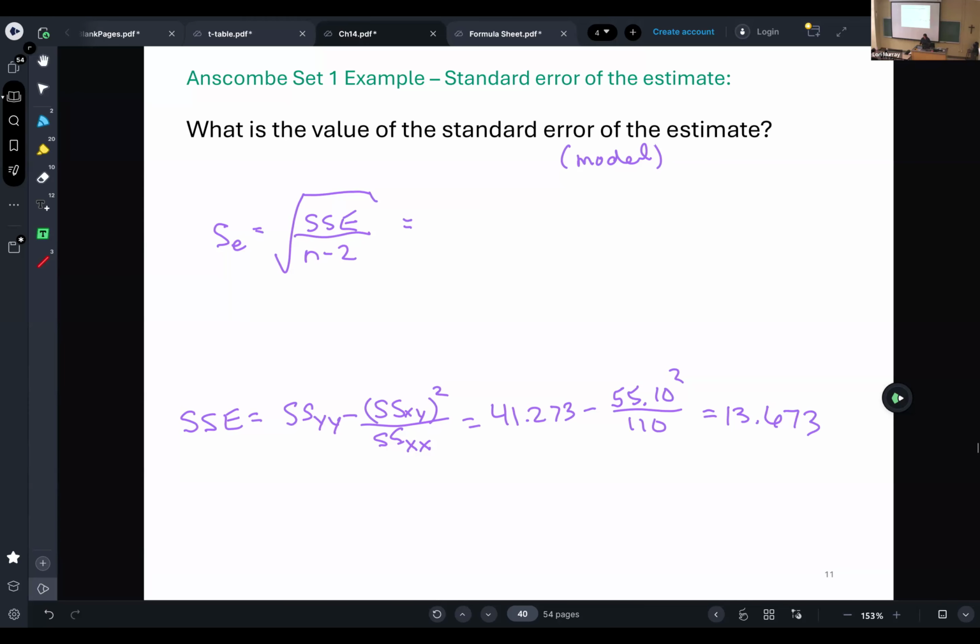Okay, we're not finished, we have to put that into here. 13.673 divided by, what was our n again? 11, so 11 minus 2 is 9. So 13.673 divided by 9, and that should give us our standard error of the model.